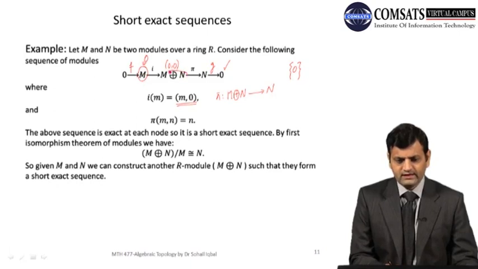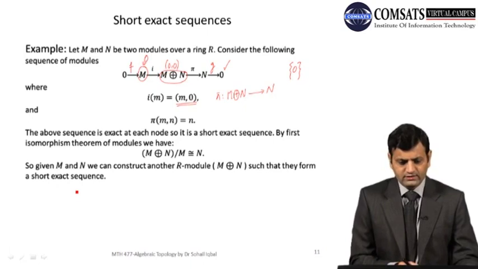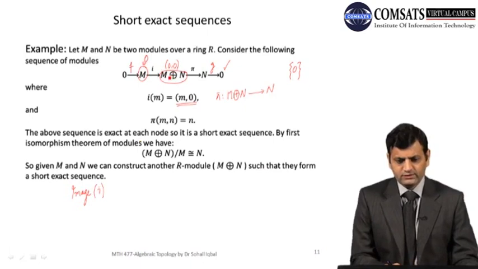Similarly, why is it exact at M plus N? What is the image of i? The image of i is equal to M plus 0.